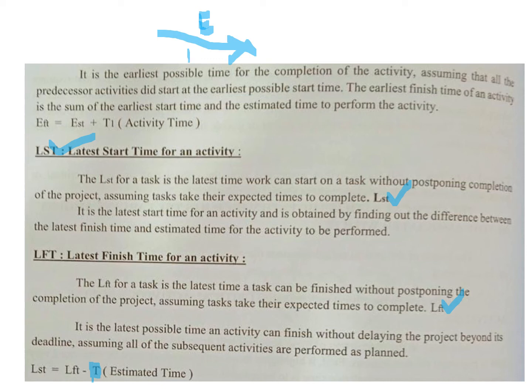The estimated time for this is, let us say, 5 days for activity E to happen, right? Now, if activity E happens, it happens after A, B, C and D. So depending on which path it's coming through, whether there's a delay that happens, or whichever is the longest path.